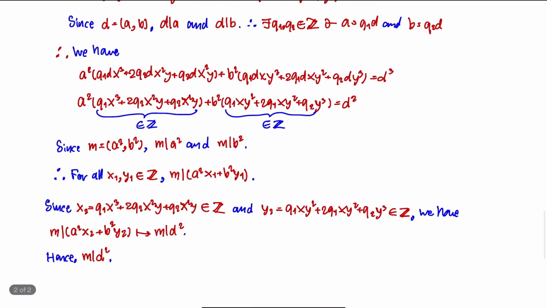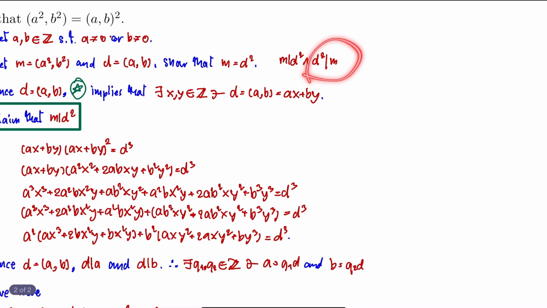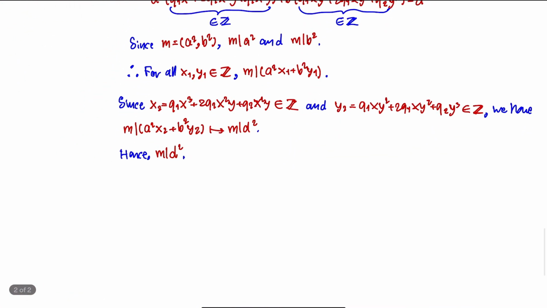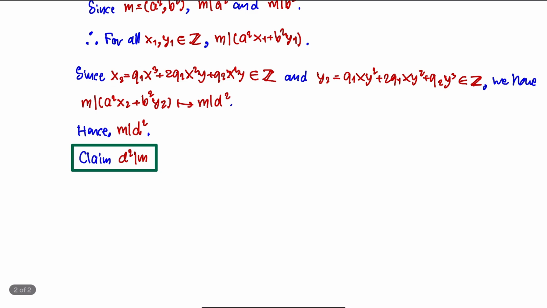Now what next? Let's prove that d squared divides m. Okay, let's take a look at this. So we have the new claim, the claim that d squared divides m, okay? Then what do we have? So we take a look at d equal to the greatest common divisor of a and b, right? That means that d divides a and d divides b, okay?